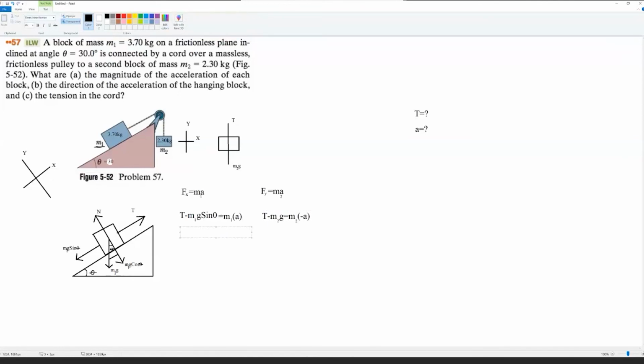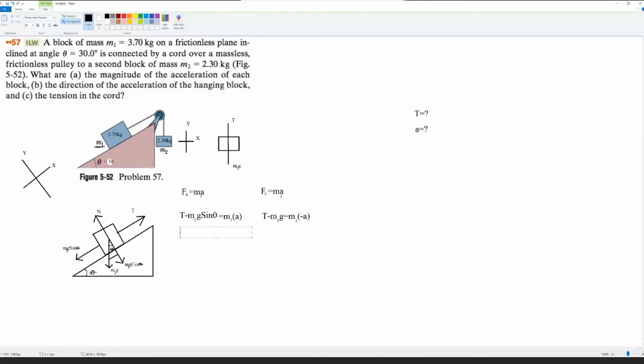Okay, so now we have two equations, one in the x direction, one in the y direction. But we have these same unknowns in both equations. So hopefully your math is up to par and you know the drill: if you have two equations and two unknowns, you can solve for them. So we have the m and the a.